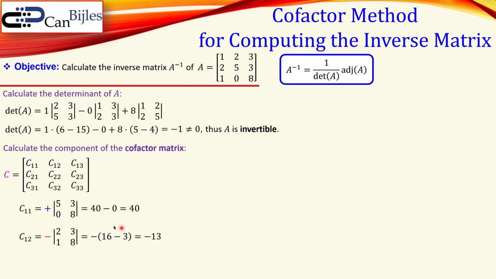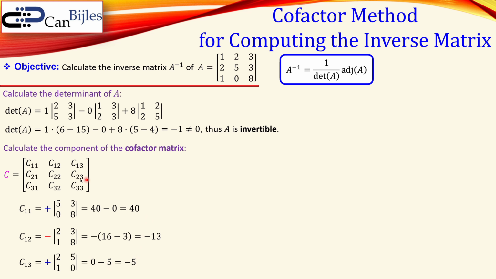That's shown here in the parentheses, because we have a minus sign here, so you get 13. With a minus sign, you get minus 13. Now, C13, which is this location, you cross over this column, this row, and 2, 5, 1, 0 is left. So 2 times 0 minus 5 times 1, which is 0 minus 5, will be minus 5.